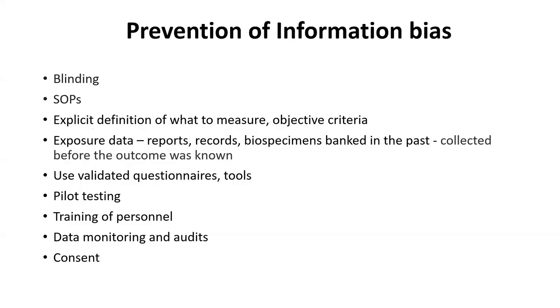And then of course in the consent, I told you, giving incomplete or not the full details of your study is what can be practiced when you're taking consent. So this is about information bias.